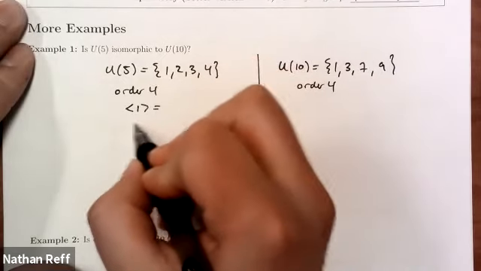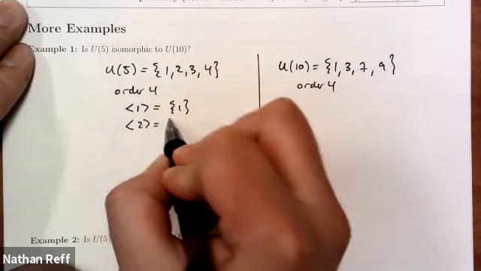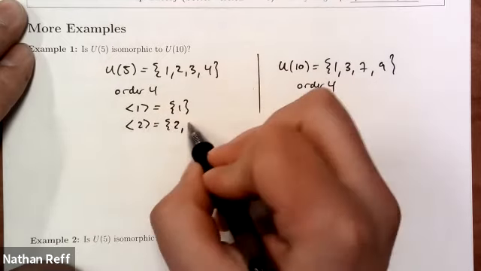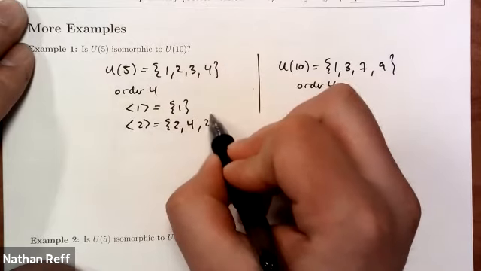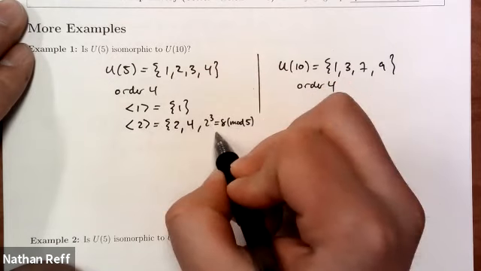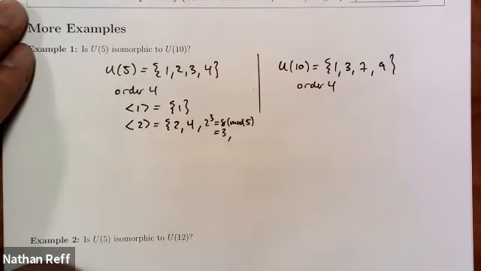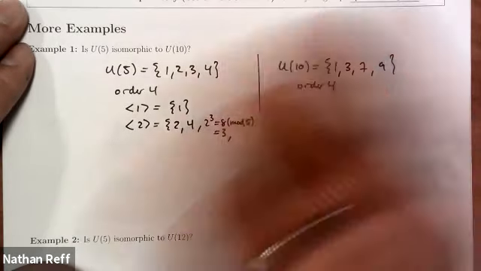Let's figure out the orders. The identity has order 1. 2 squared is 4. 2 cubed is 8, but modulo 5 is what? 3, right? And then 2 to the 4th is 16, modulo 5 is 1.